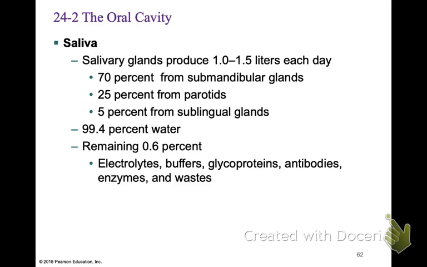Saliva, you produce about 1 liter of saliva a day. Obviously, submandibulars are the most important, even though the parotids are secreting a lot of the enzyme. And other things you secrete, electrolytes and buffers and glycoproteins. Glycoproteins, remember, are just kind of gluey proteins that help contribute to the mucus.